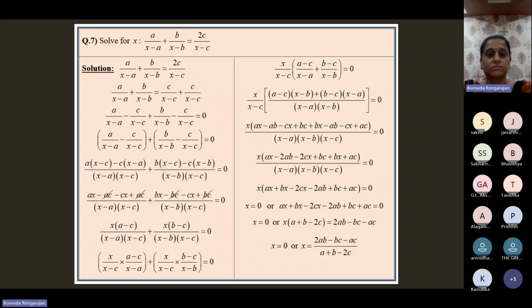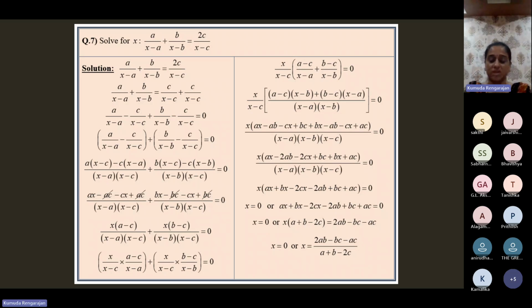This is the next one. So I think beyond this, what I feel is you work it once by yourself and then we'll discuss. That'll be better, because all are similar.